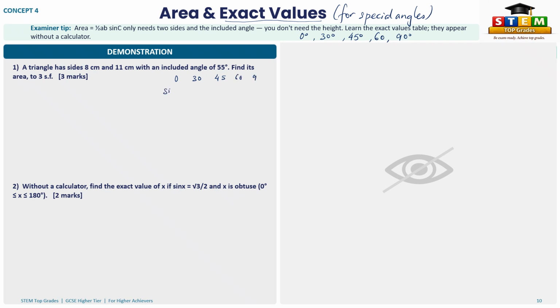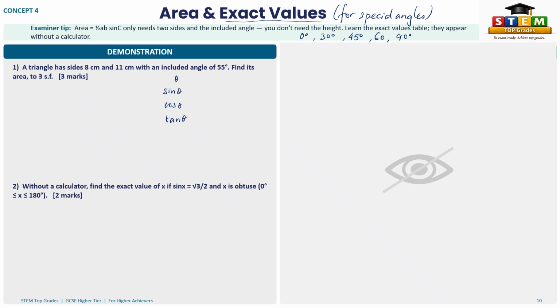So we have sine, cosine, and tan of the angle theta.